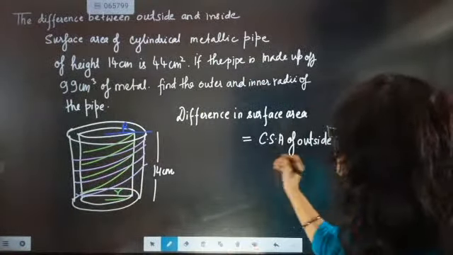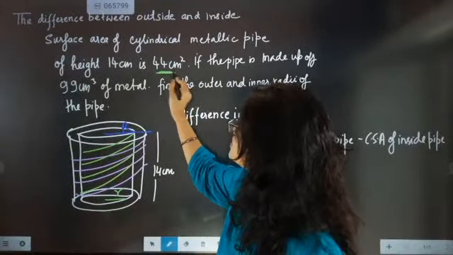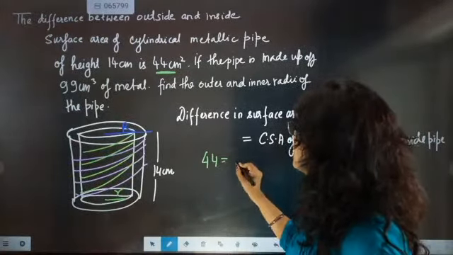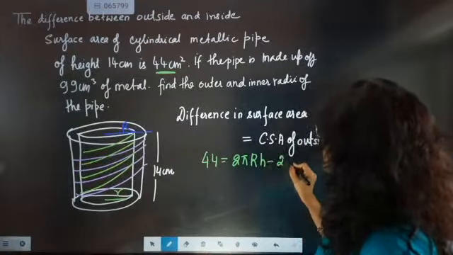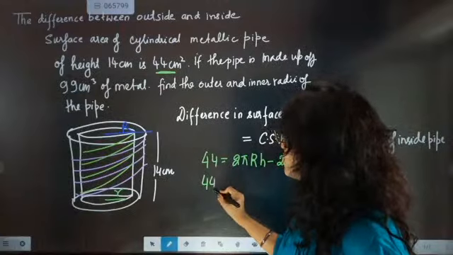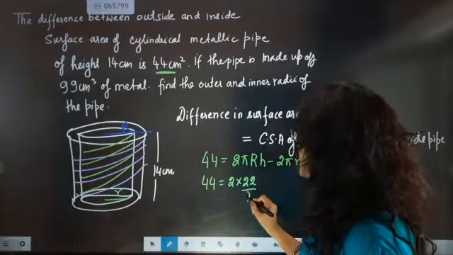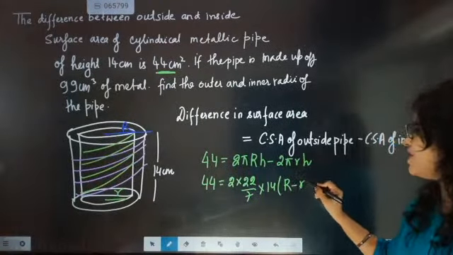So now what are we going to write? Difference in surface area is already given, it is 44. So here it will become 44 equals 2 pi R h minus 2 pi r h. So 44 will be equal to 2 into 22 by 7, height given is 14, and here it is coming as R minus r.